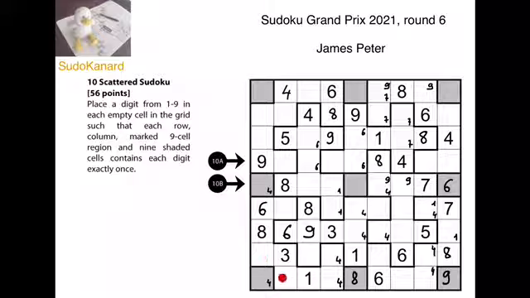Now this region doesn't have a 9 here, doesn't have a 9 here, nor in this cell, so there must be a 9 here. And about this region, 9 is not here. It's not here, so it must be in one of those two.